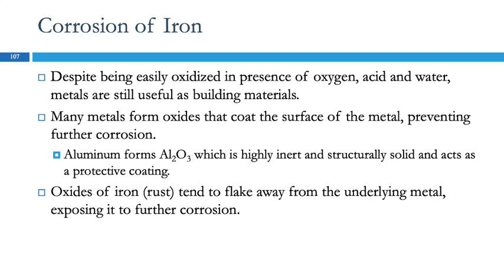Some metals, like aluminum, end up protecting themselves. So aluminum, as it oxidizes, forms Al2O3, which is very inert and structurally solid and acts as a protective coating. So no further oxidation will occur.